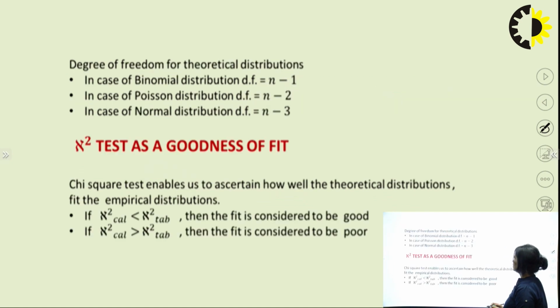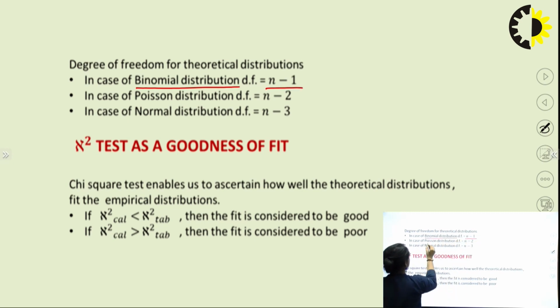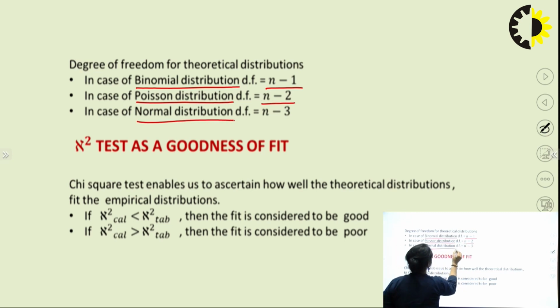Now, degree of freedom for some of the theoretical distributions: for binomial it is n minus 1, number of observations minus 1, for Poisson it is n minus 2, for normal it is n minus 3. So if we are required to fit these distributions, then chi-square is a very good test to be used for checking the goodness of fit.